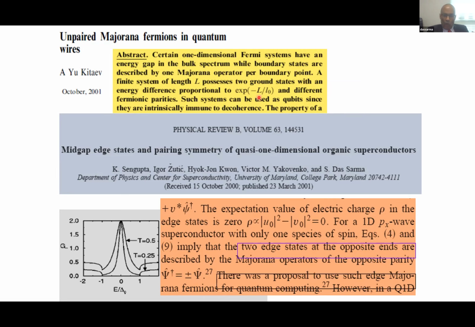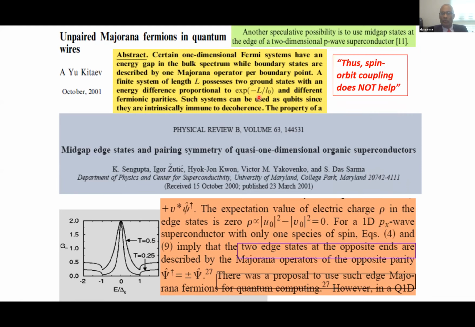Alexei actually put a lot of thought into whether this system can be realized in practice, and he concluded it's very unlikely. In fact, if you read his paper, you'll find a sentence saying spin-orbit coupling does not help. He came very close to what eventually became our proposal, okay? But he concludes spin-orbit coupling does not help.